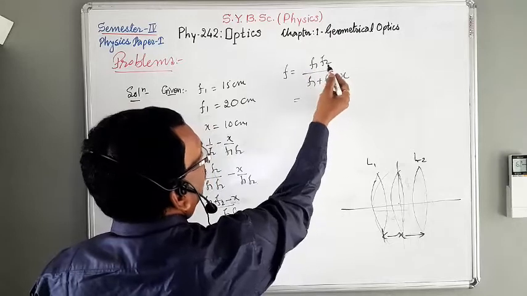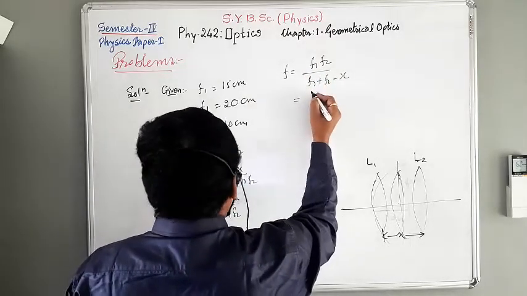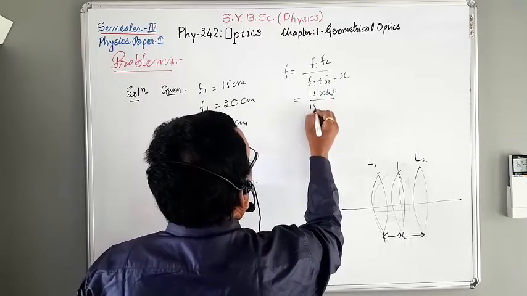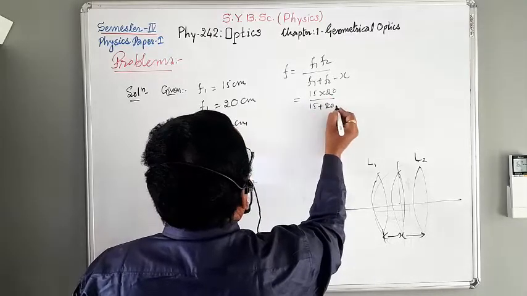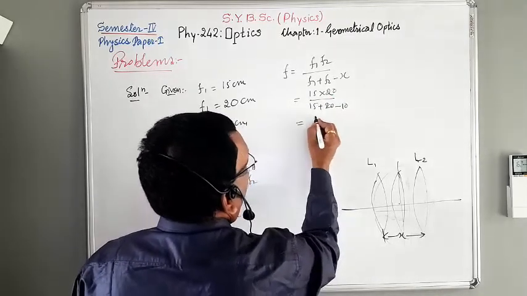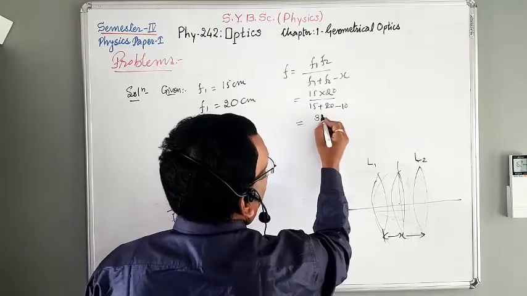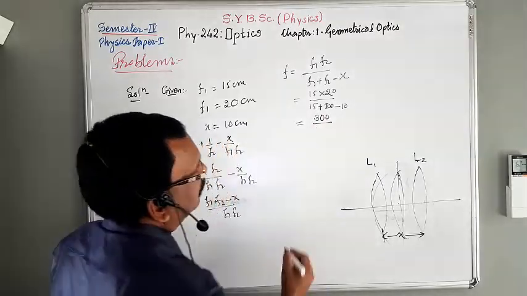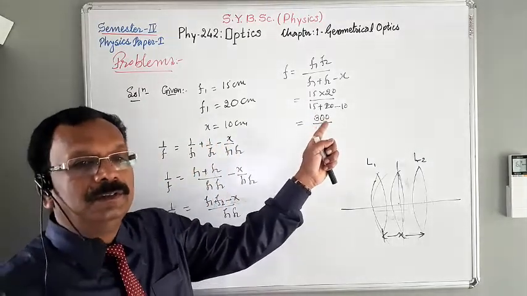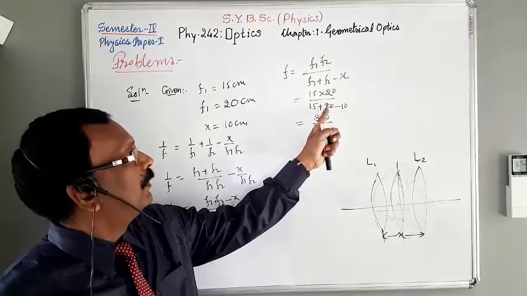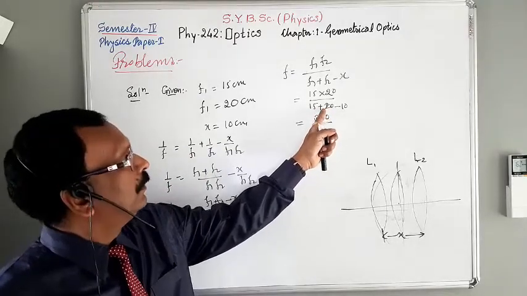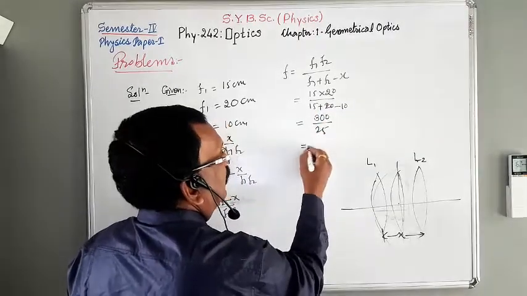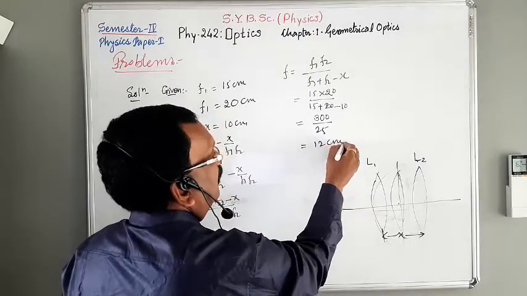Then substitute the values of f1, f2 and x from the given data: 15 into 20 divided by 15 plus 20 minus 10. We have 15 into 20, 300, upon 15 plus 20 minus 10, which is 25. So 12 centimeter.